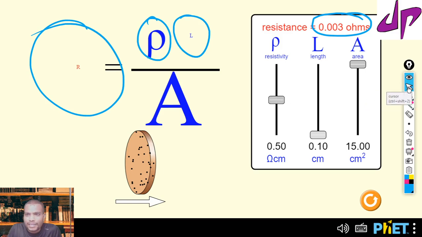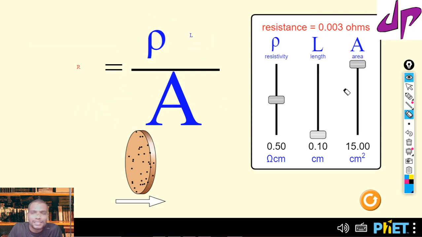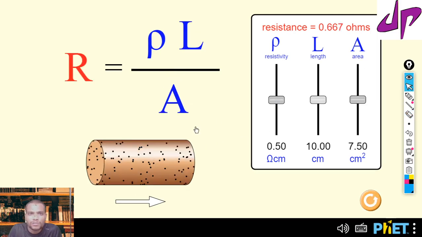Now finally I can say the resistance depends only on the length of the material and the area of the cross section. For a particular material, different materials have different resistance.